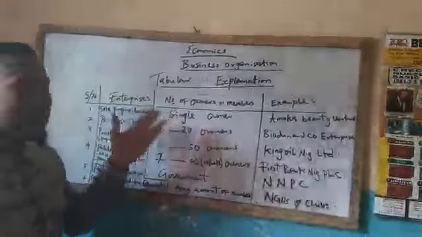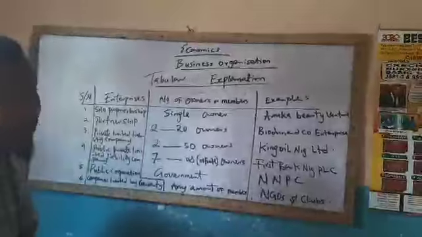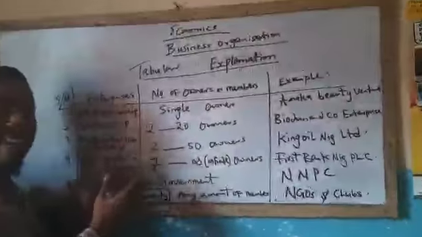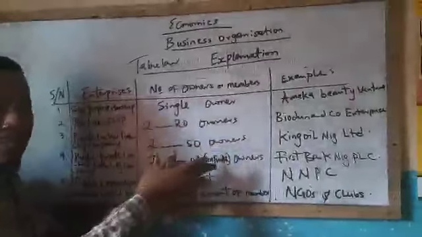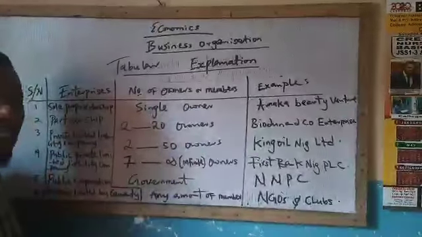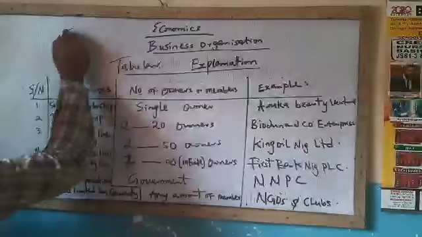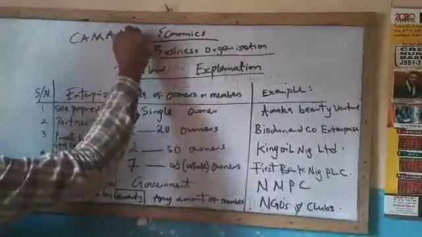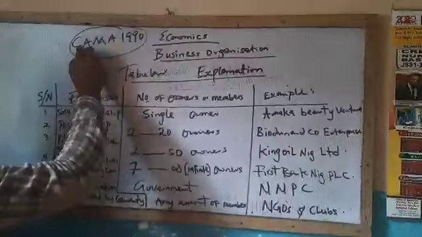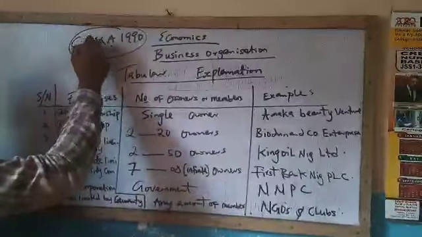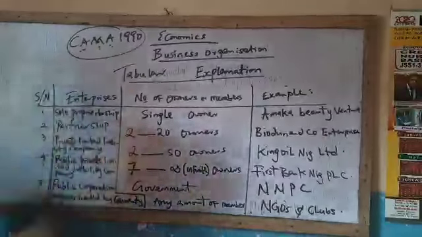Partnership, if you look at the table here, you will notice that partnership is run by a range of people, 2 to 20 owners. It must not be more than 2 to 20 owners, according to the law of CAMA 1990, which is Companies and Allied Matters Act 1990.